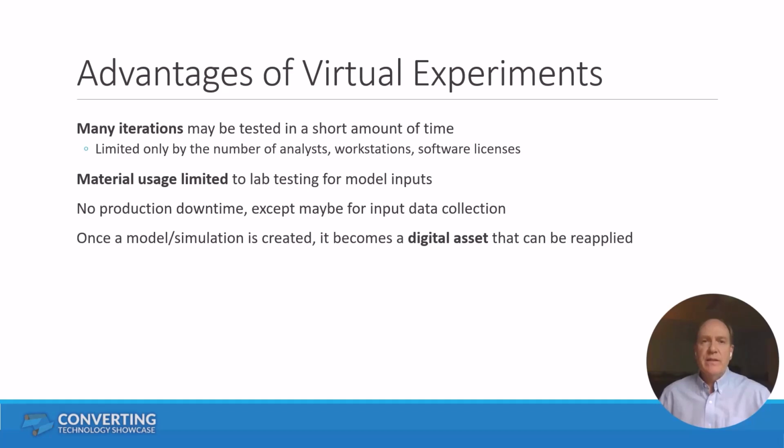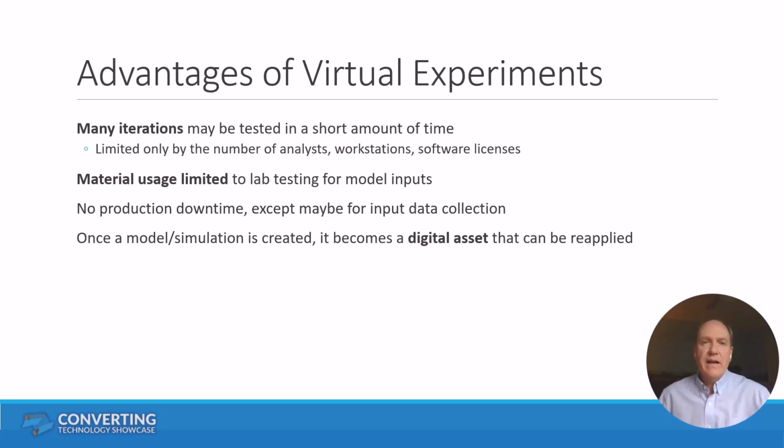You may have to do some testing on some physical raw materials to get model inputs, but that's a very limited amount of material. So you might be able to take early samples of materials, get testing on it, and do simulation far before you can do it on a full-scale machine. And of course, you're not going to impact production if it's a virtual machine, a virtual production system, except if you need some inputs for your model that involve collecting data from the production machine.